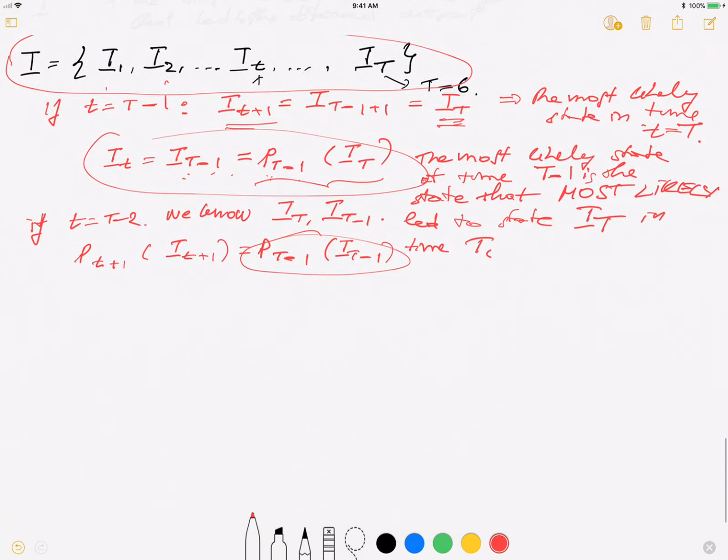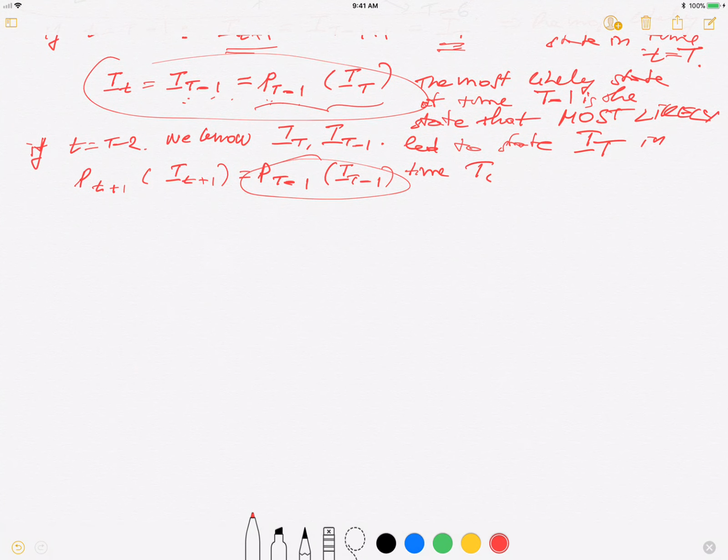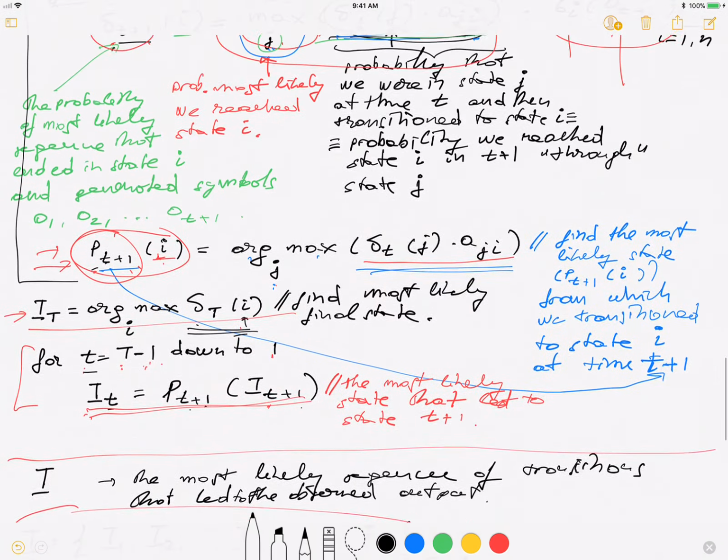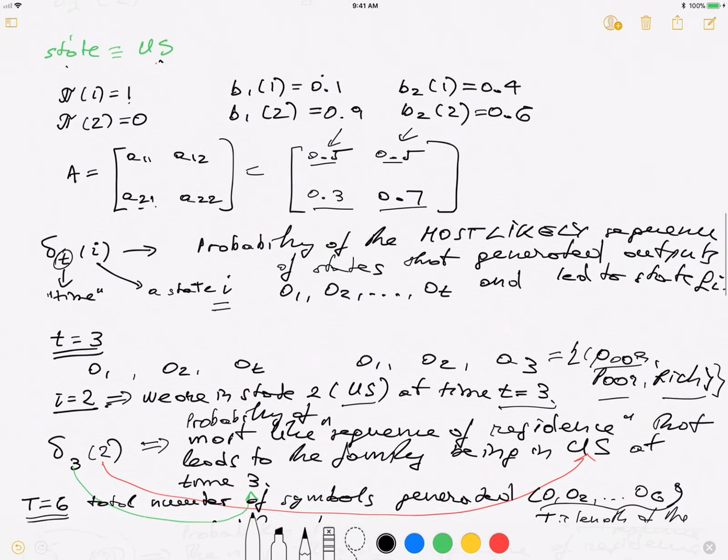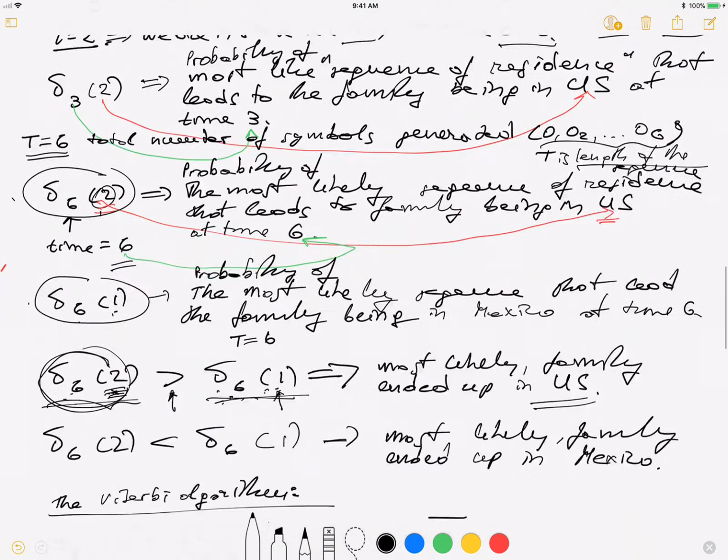I will write down again all the probabilities because I need them handy. This is my matrix A, consisting of A11, A12, A21, A22, which is 0.5, 0.5, 0.3, 0.7.